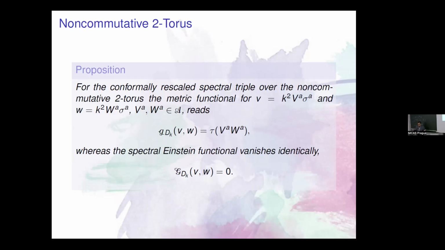For any two-dimensional manifold, the Einstein tensor vanishes. So this makes absolute sense. It's a non-trivial computation, though actually sort of easy in this case. We can say this conformally rescaled non-commutative torus is an Einstein manifold. It should be like that.